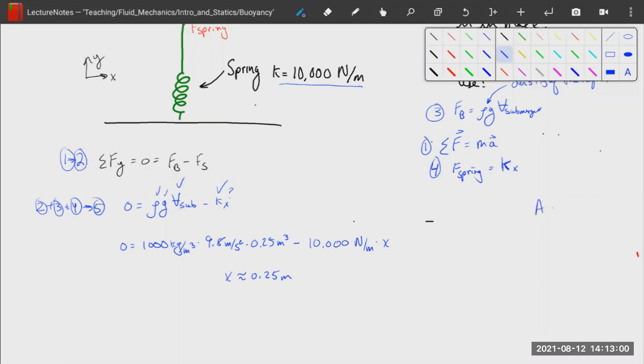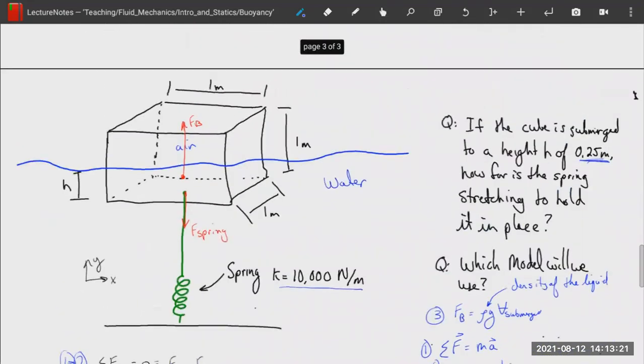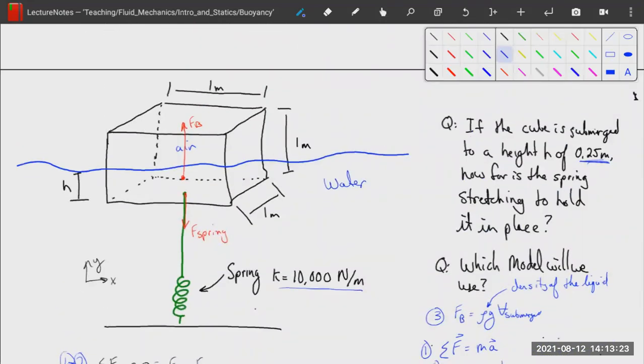We forgot our assumptions. We should write down our assumptions. Assume that fluid is at rest and our density is equal to a constant. And yeah, that's it.